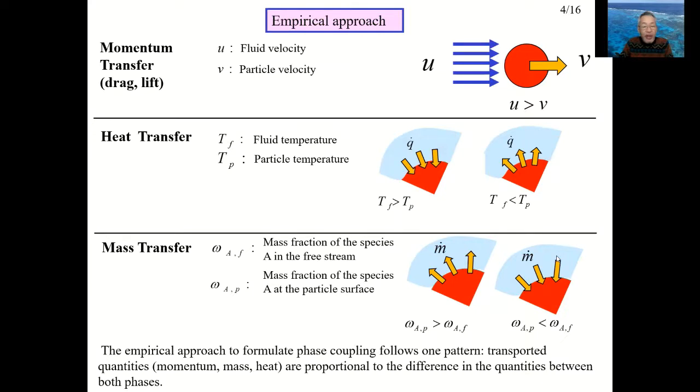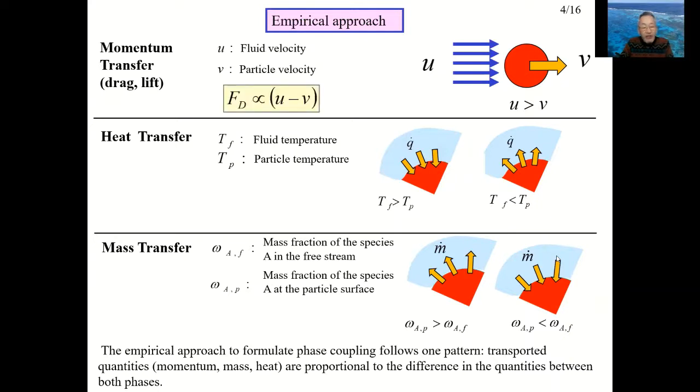There are three types of transport phenomena: momentum transfer, heat transfer, and mass transfer. Heat and mass conduct or diffuse within a single substance, but what is important in multiphase flow is transfer between two different substances, such as a solid particle and fluid.